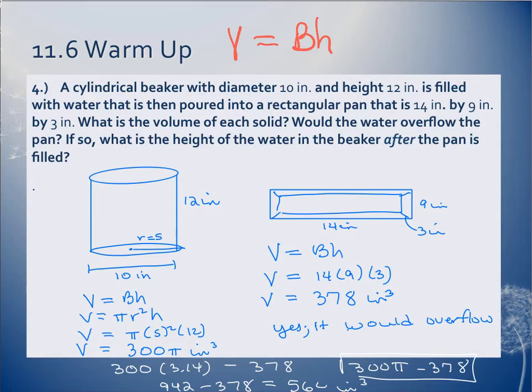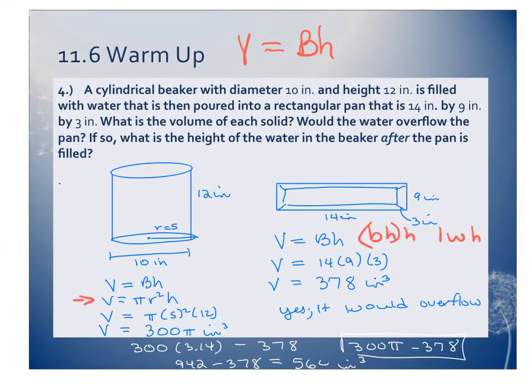So for the cylinder, it's pi r squared times height, but for the rectangular pan, it's really just base times height, or length times width times height. Either way, you're going to calculate the volume of each.